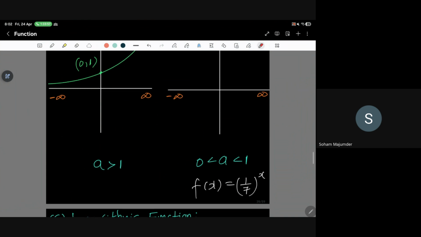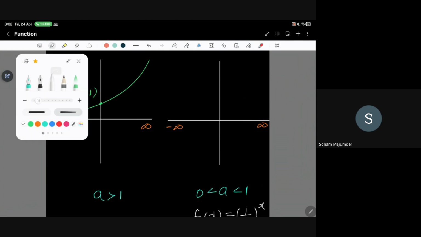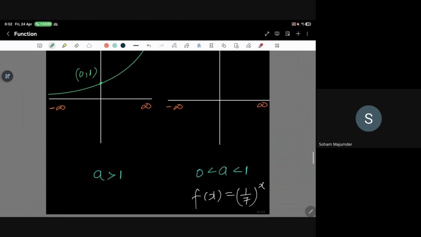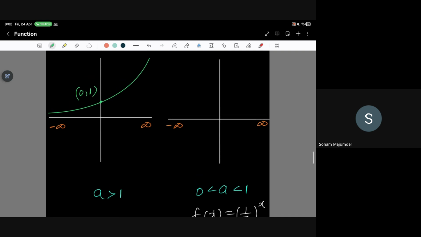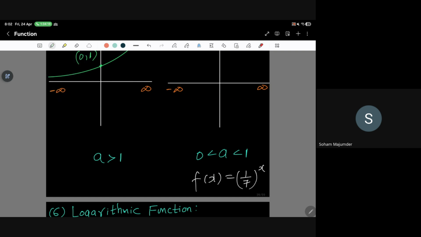When x is minus infinity, (1/7) to the power minus infinity is basically 7 to the power plus infinity.